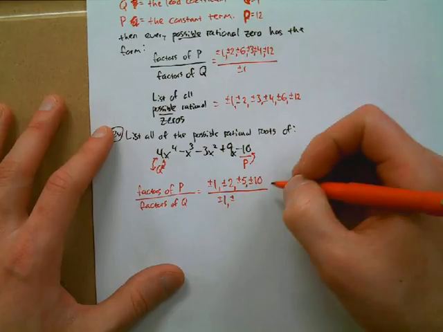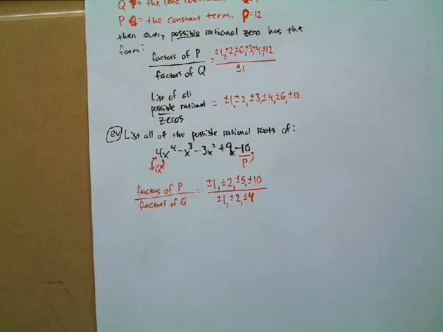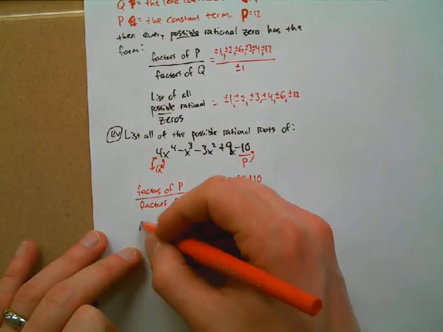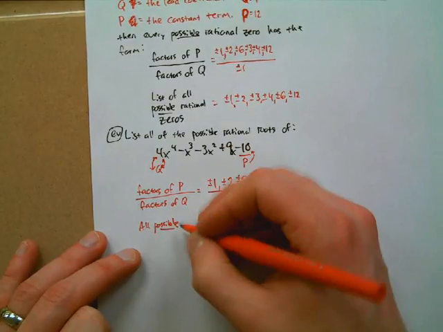So now if we're going to list all the possible zeros, again, this is the format they're going to have. All possible rational zeros. Okay, so now this is a little bit different, right?